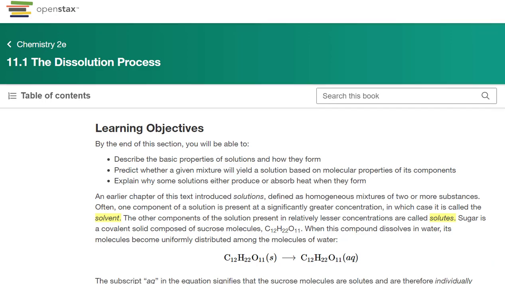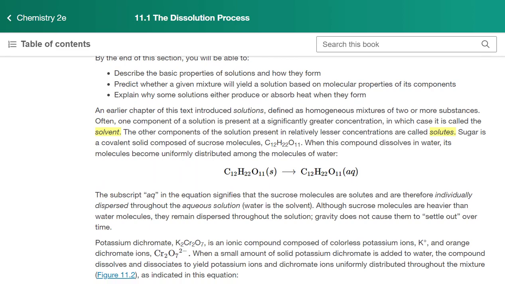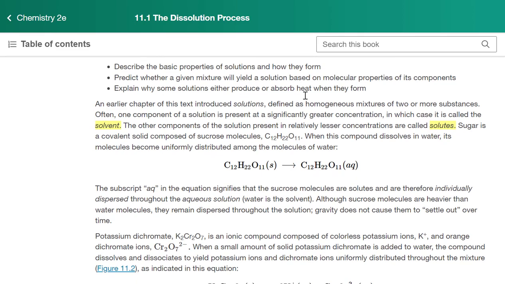We're showing here an example of something dissolving, how we could write that kind of in the form of a chemical reaction. It's not technically a chemical reaction, but we're kind of showing it that way, where we're showing the solid, and then most of the solutions we'll look at, not all solutions, but most of them, will be solutions in water.